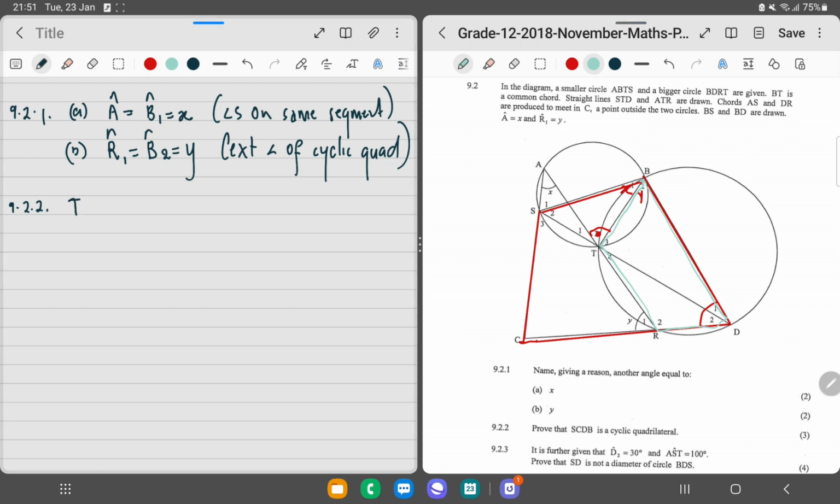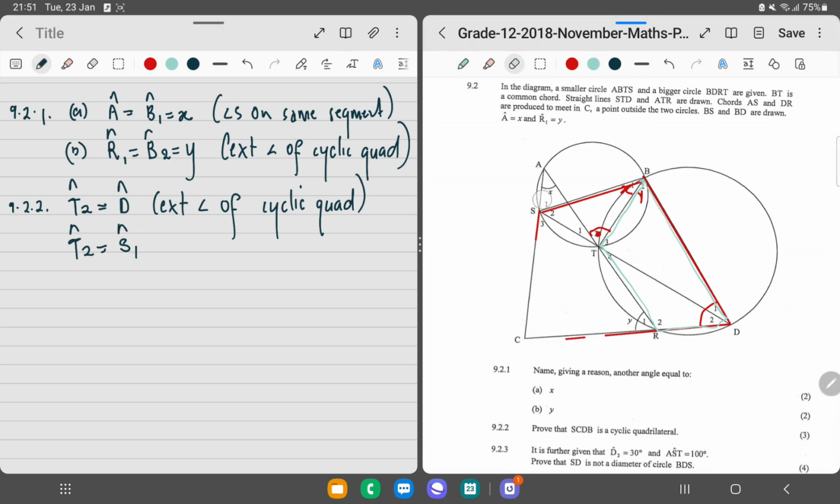So T2 is equal to the whole of D, exterior angle of a cyclic quad. But T2 is equal to S1. T2 is equal to S1 because they are angles on the same segment.